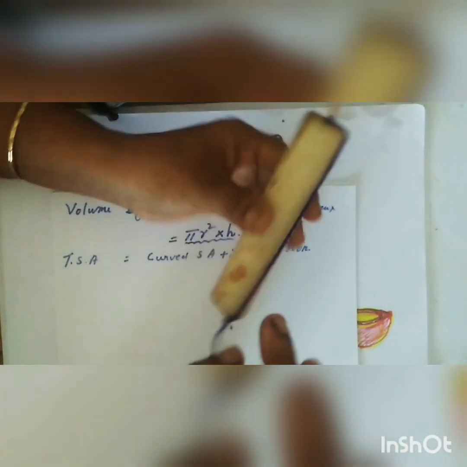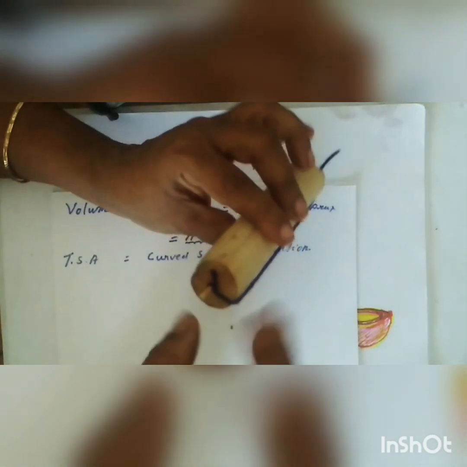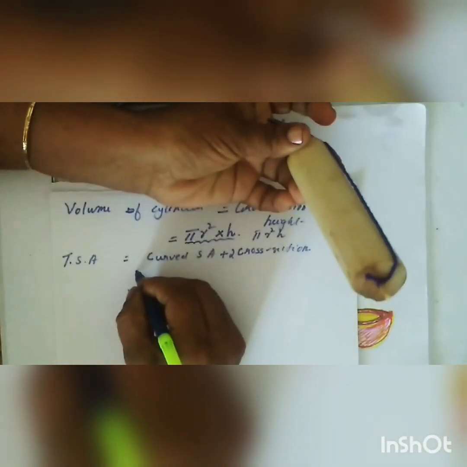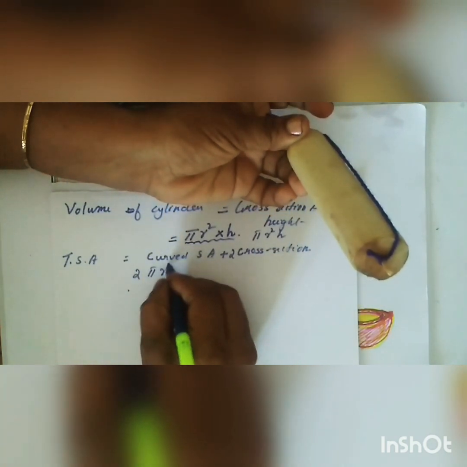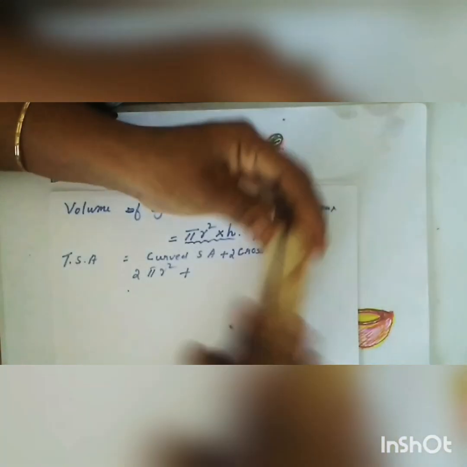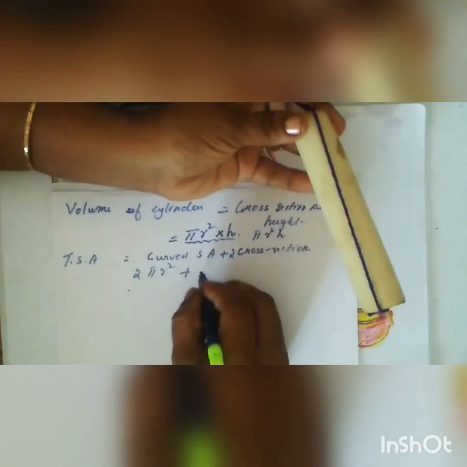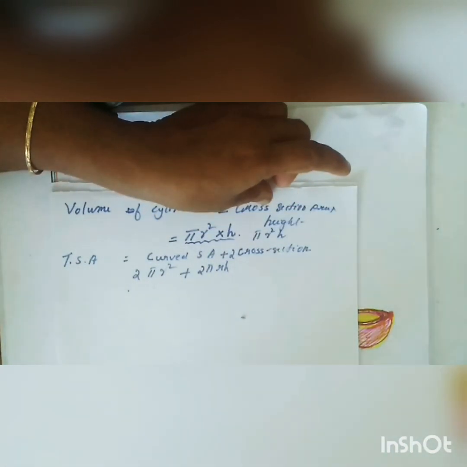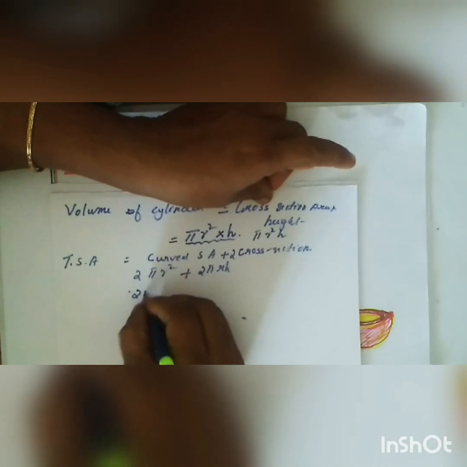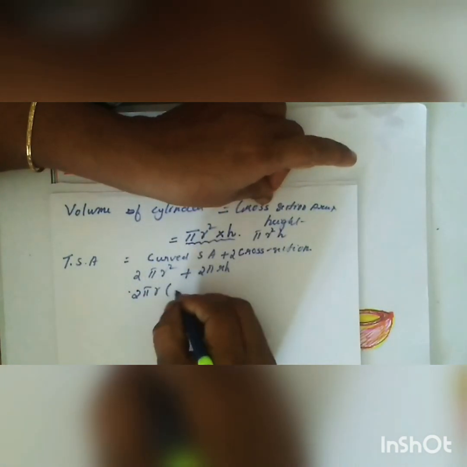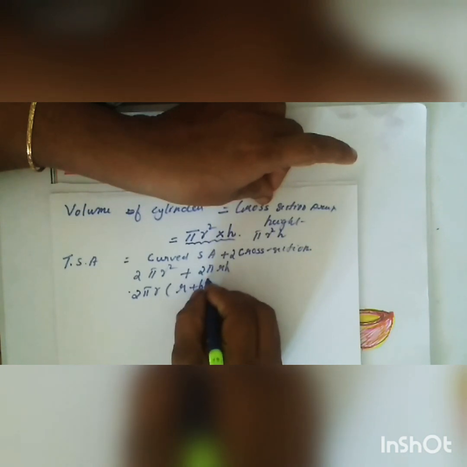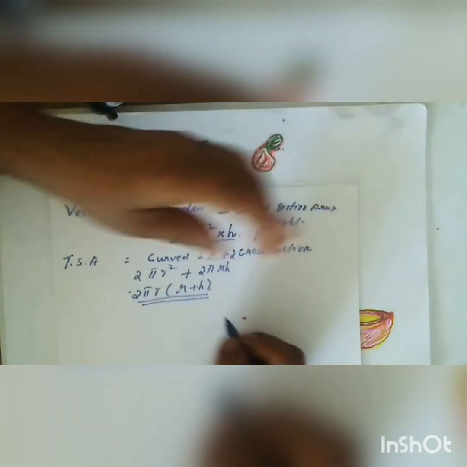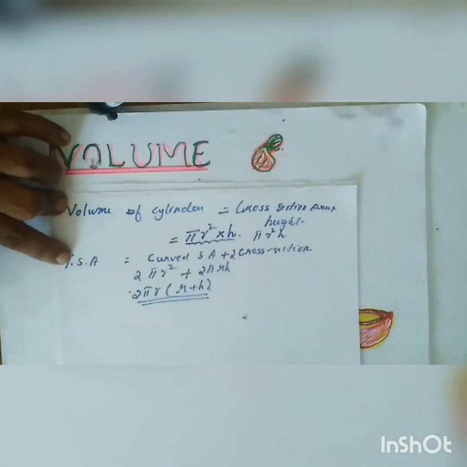Here is a cross section and here is a cross section, so there are 2 circles as cross sections, that is 2 into pi r square, plus this is the curved surface area, therefore 2 pi r h. By simplification, 2 pi r into r plus h. This is the total surface area of a cylinder.